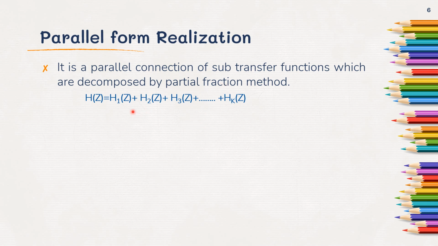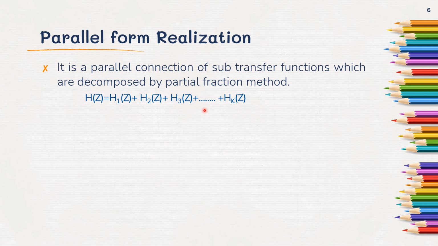Here the overall transfer function is split up by using the partial fraction method, and you get H1 of z, H2 of z, H3 of z. The overall transfer function is nothing but the sum of individual transfer functions. In the case of the cascade method, it was the product of individual transfer functions, whereas in parallel form realization, it is the sum of individual transfer functions.